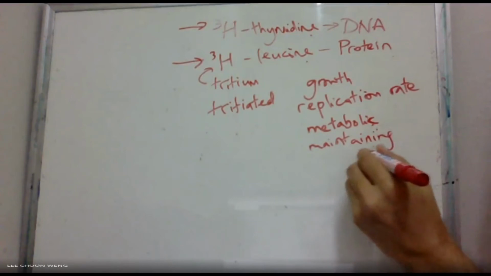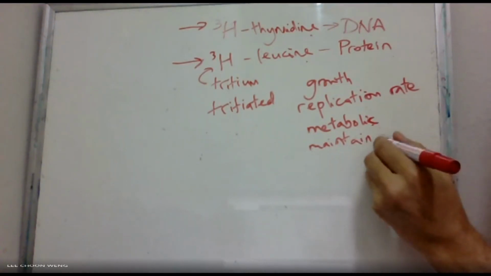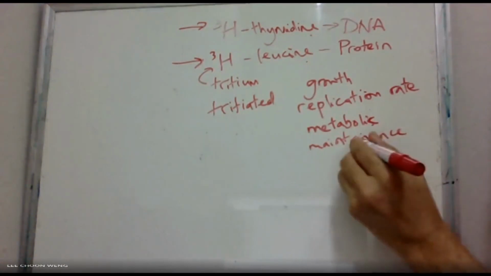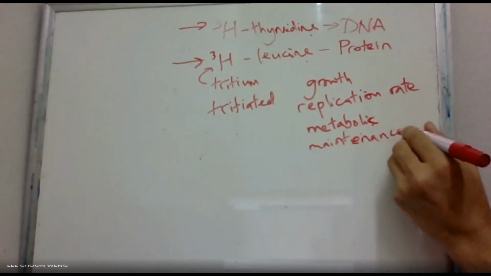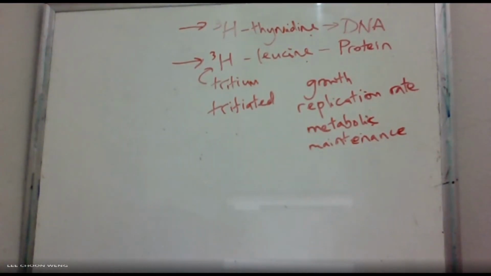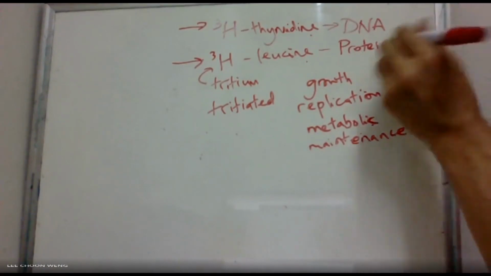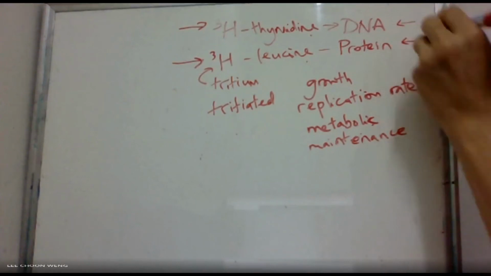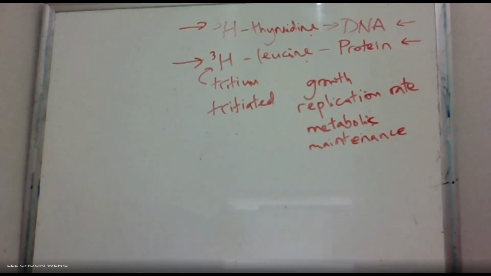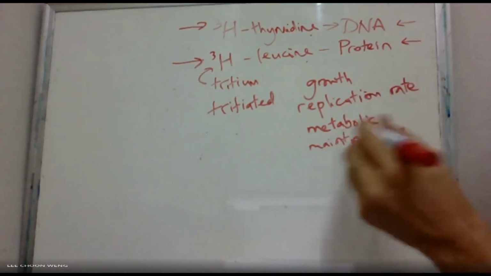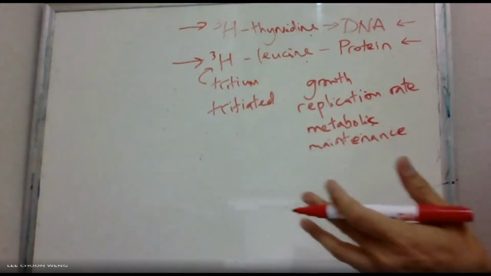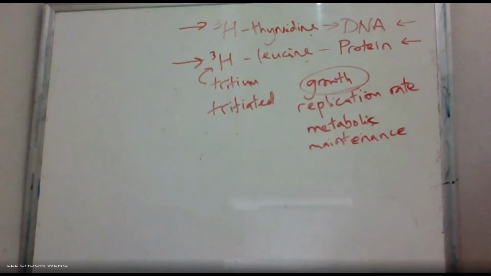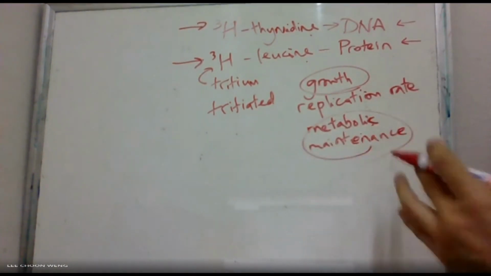Maintenance. Usually now it is recommended that you use both. You measure both so that you can have an idea whether the bacteria in your sample is growing in numbers or whether it's just maintaining itself.